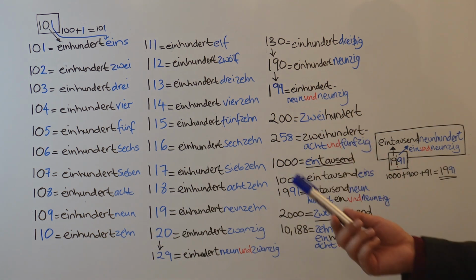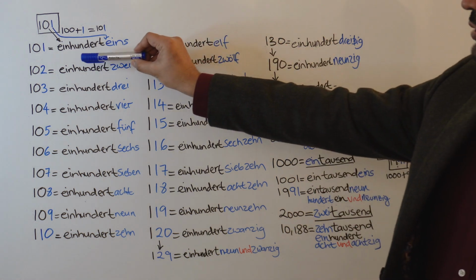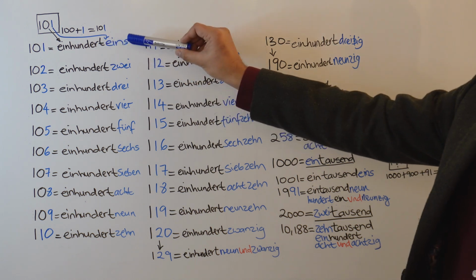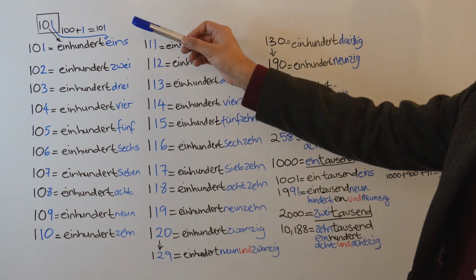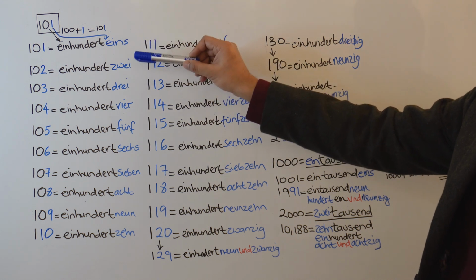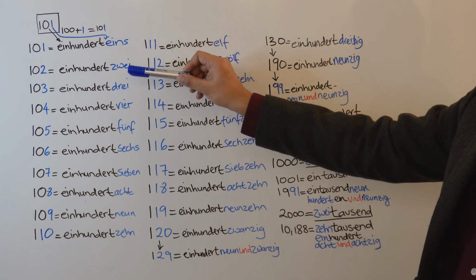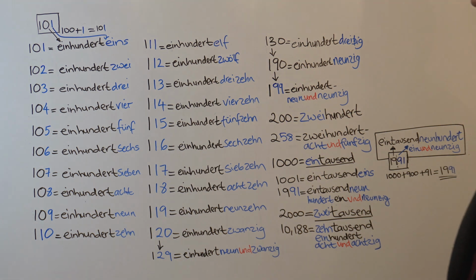So one more point that you need to remember, that it is also called einhundert, or you can also say hundert. Both are correct: einhunderteins, einhundertzwei, or you can say hunderteins, hundertzwei. So ein is optional. You can say it, but you must not say it.